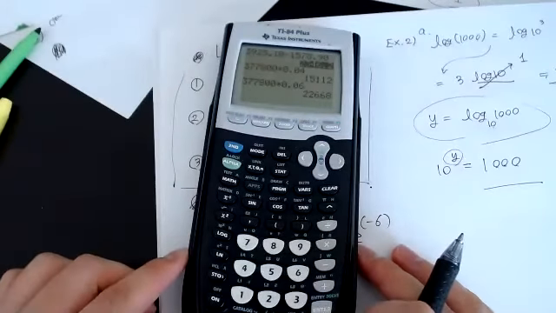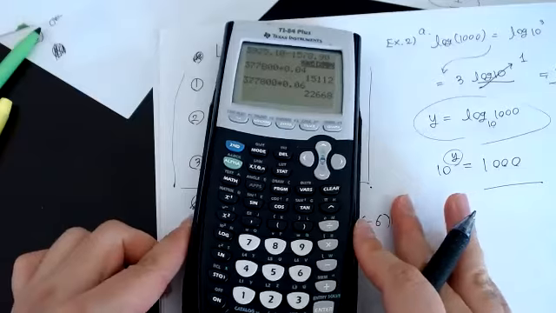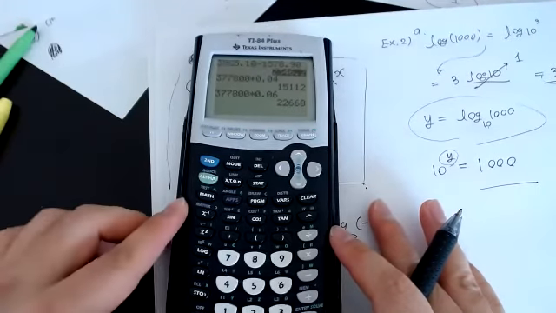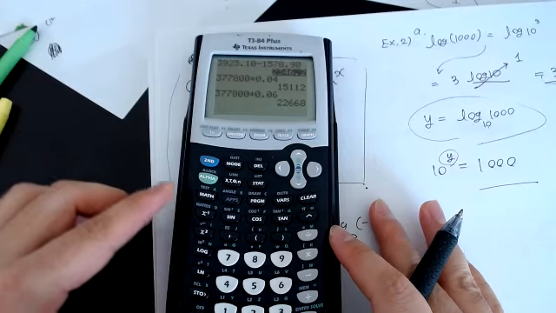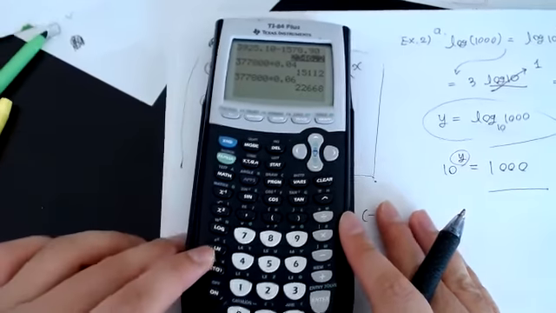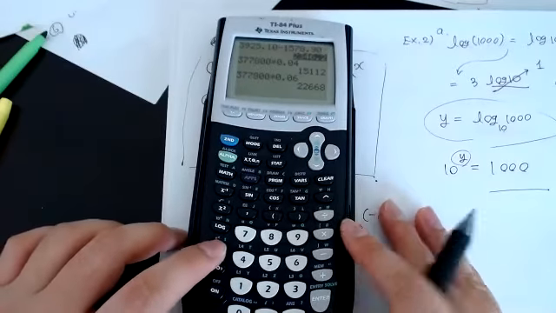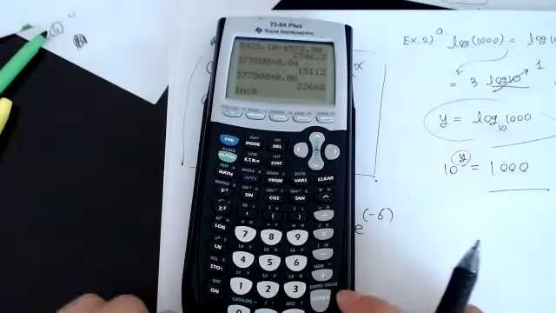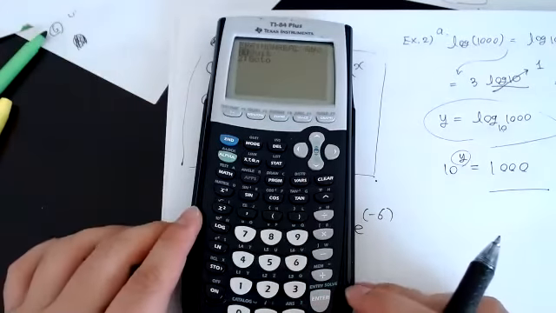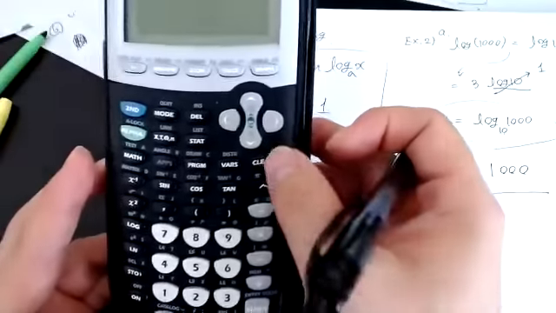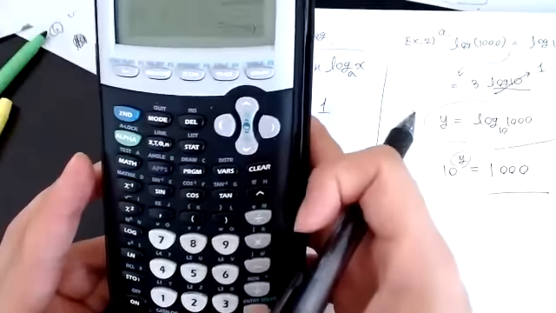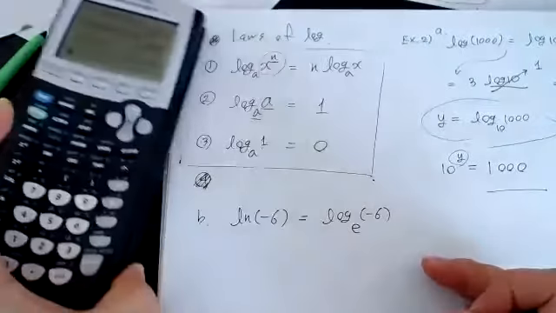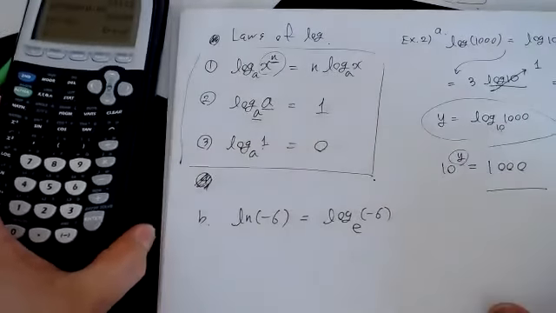You see the ln right there. So I just put ln, and then -6. Then you get the number. Oh, yeah, we got an error right here.